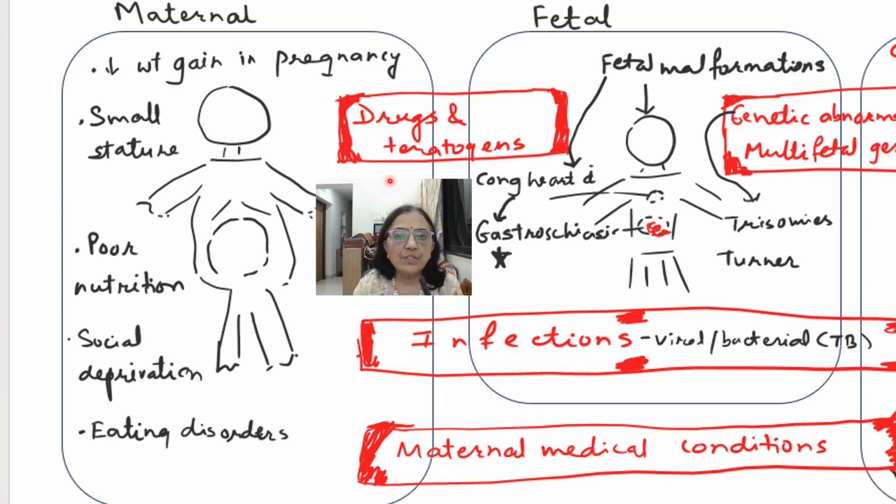Now, there are certain factors which are common for both maternal and fetal, factors affecting mother as well as fetus, such as certain drugs, especially chemotherapy drugs for malignancy, or certain teratogens taken by the mother, which affect fetal growth, leading to fetal growth restriction. Certain infections affect mother, fetus as well as placenta, all three, and that also leads to fetal growth restriction. Maternal medical disorders affect mother and placenta, placental perfusion, and that is why they are common for this.